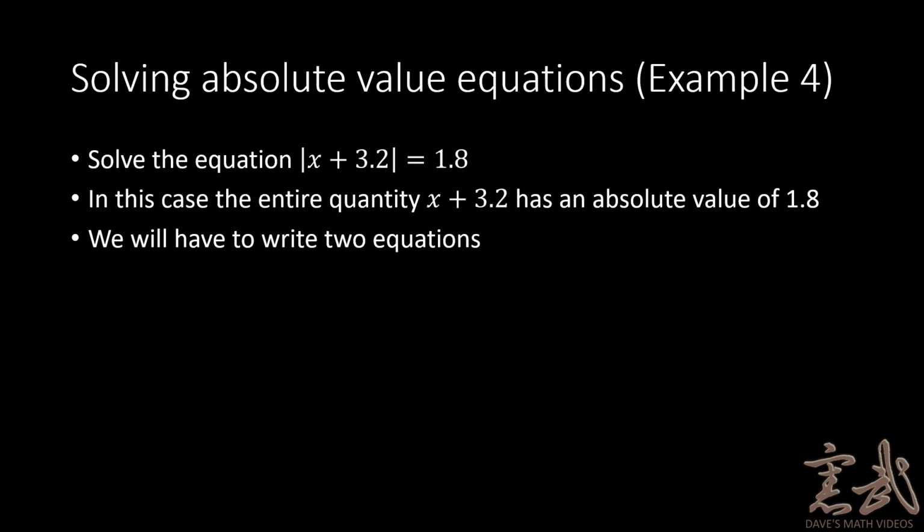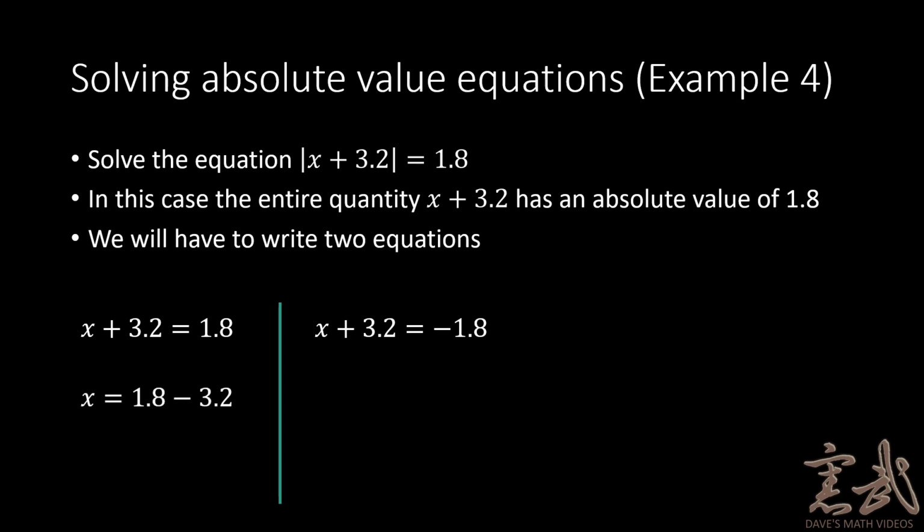In other words, we're going to have to write two equations, two one-step equations. The first is x plus 3.2 is equal to 1.8, or x plus 3.2 can also equal negative 1.8. We can solve these two equations separately.